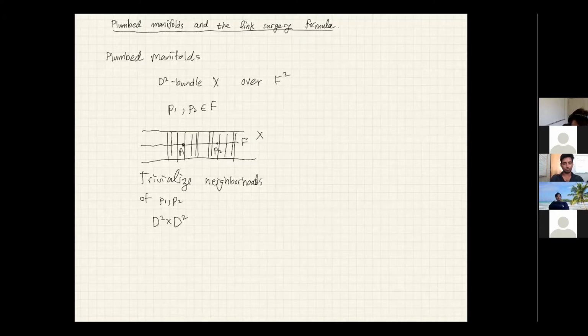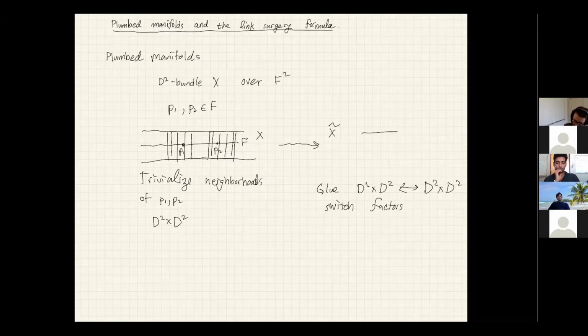Let me draw this a little better. What I'm going to do is form a new 4-manifold, which I'll call X tilde. I'm going to glue the 2 copies of D2 to each other, but I'm going to switch the factors, or swap the factors.